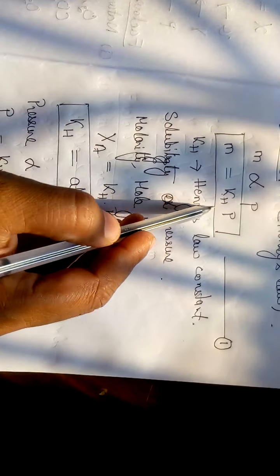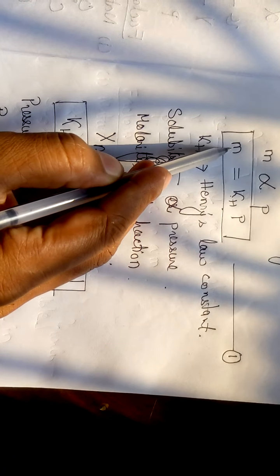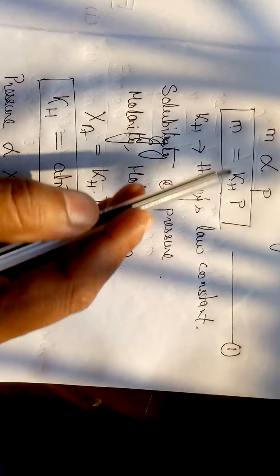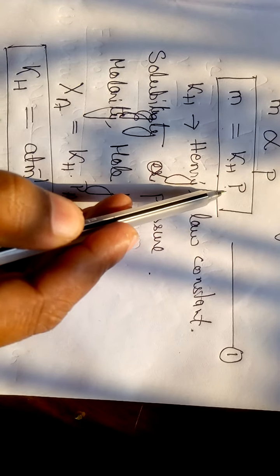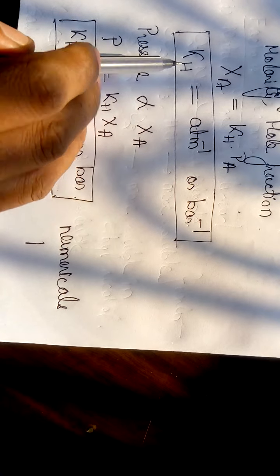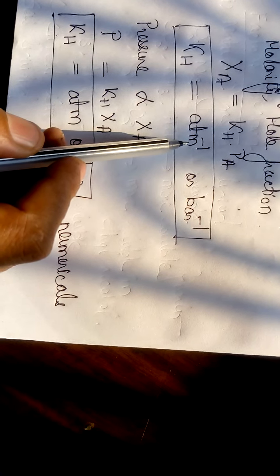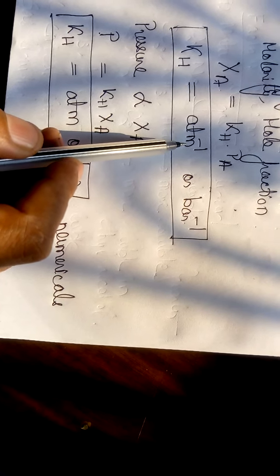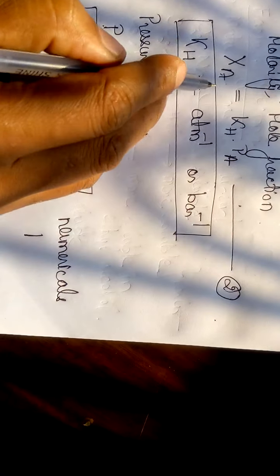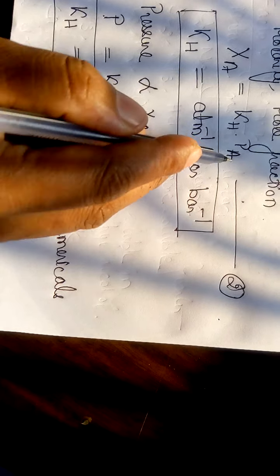So if it is a relationship between mass of the gas and pressure of the gas, then we should take the relationship M is equal to Kh into P. If Henry's law constant unit is given in terms of pressure inverse, then we have to take the relationship number 2, that is Xa is equal to Kh into Pa.